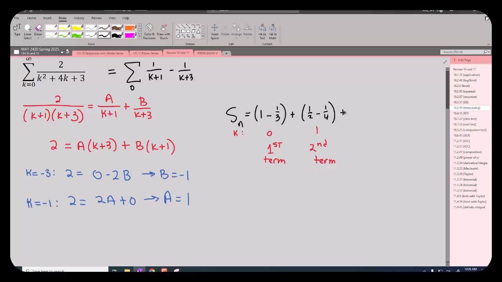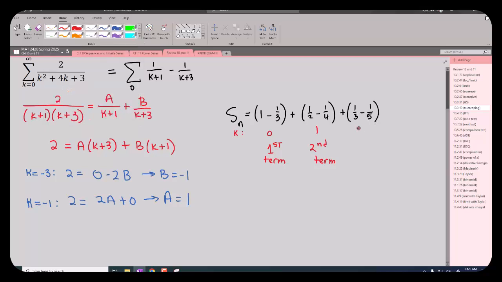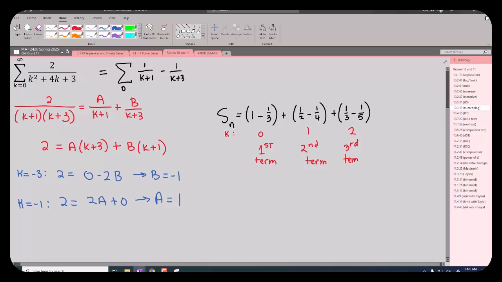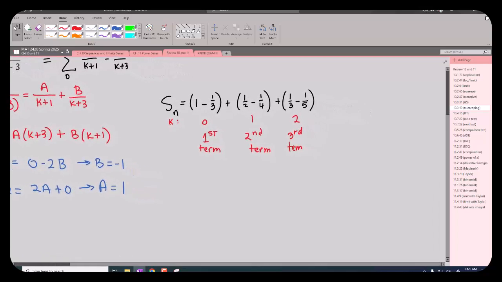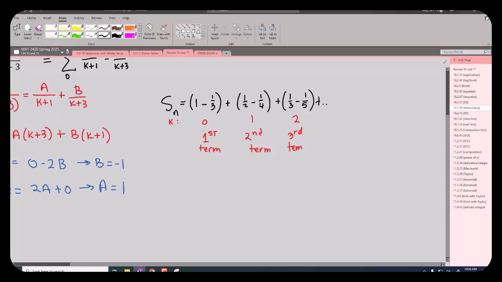Now we're going to plug in a k value of 2, and we're going to get a third minus a fifth. This is k value of 2. This is the third term. Then we can put some plus dot dot dot business in the middle. So there's going to be this stretch right there. And then we're going to add 2 more terms out here at the end.